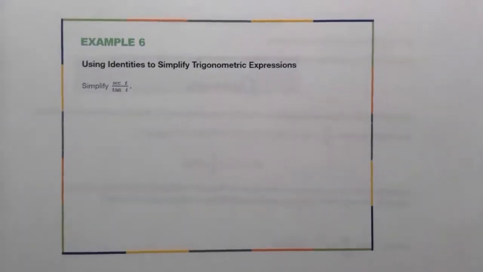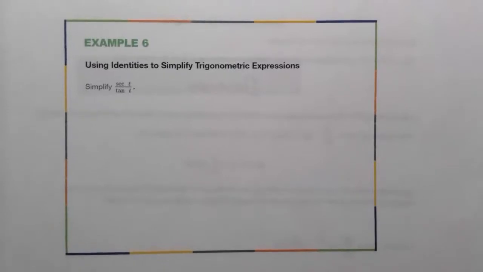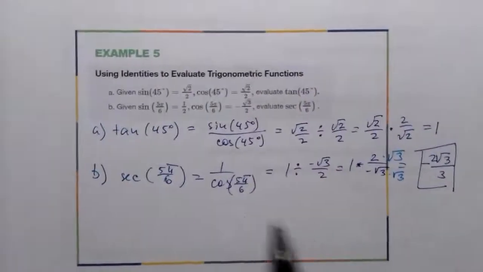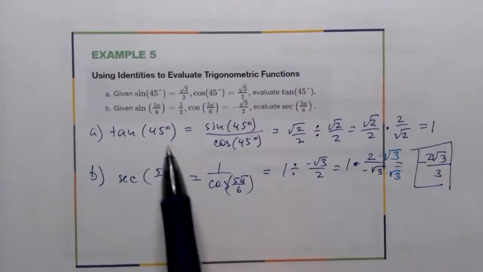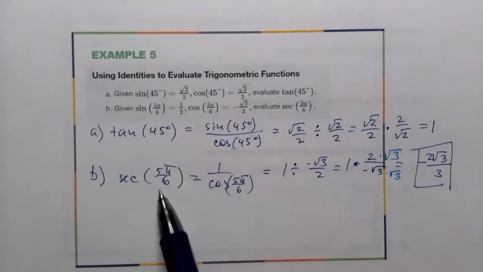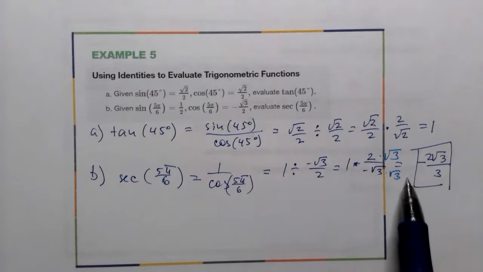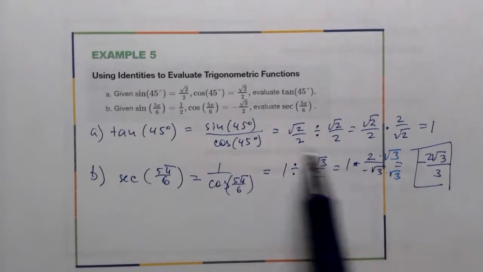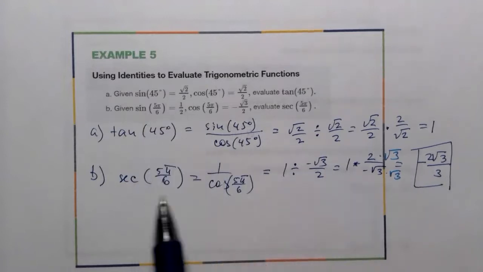Knowing those identities is very important. So in this case, for example, if you knew your reference angle, for example, for 5 pi over 6, you could have figured out this value even without using identities, right? Just by looking up on the chart like we did before.